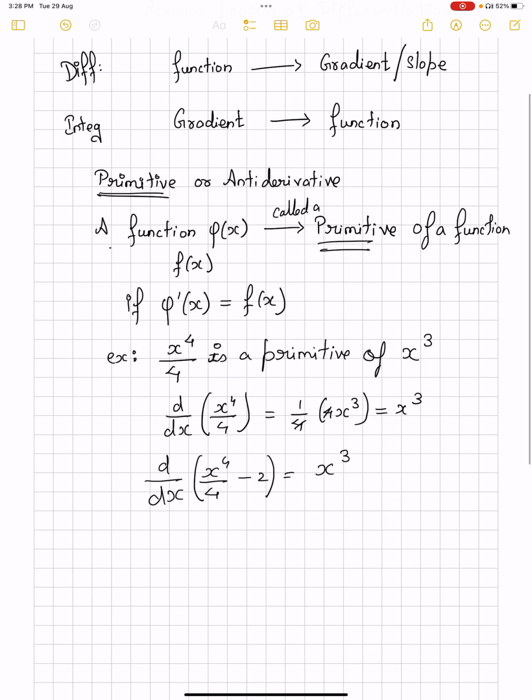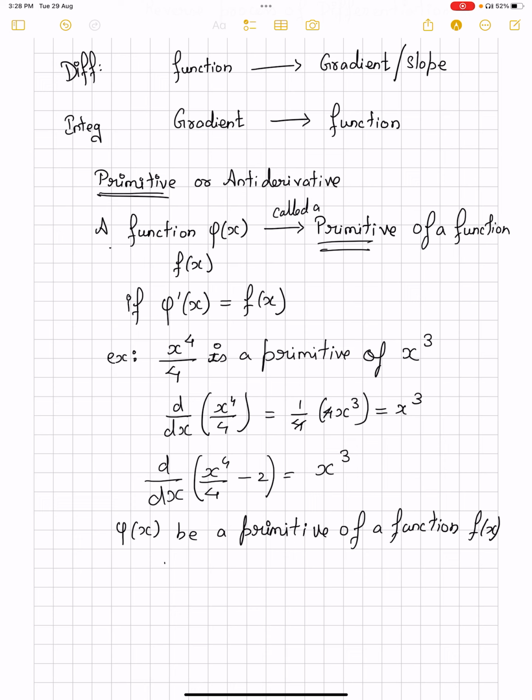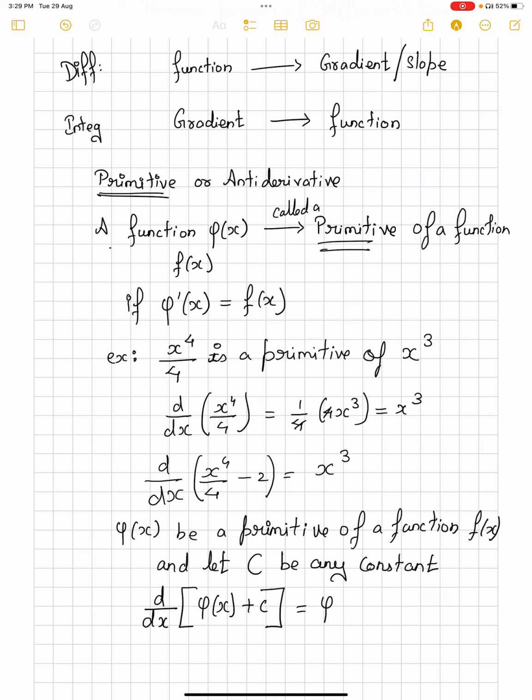So let me conclude something. If phi of x is a primitive of a function f of x, and let c be any constant, then d by dx of phi of x plus c is equal to phi dash of x, which is equal to f of x.